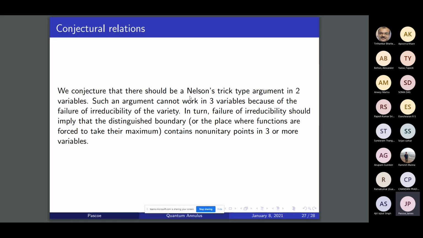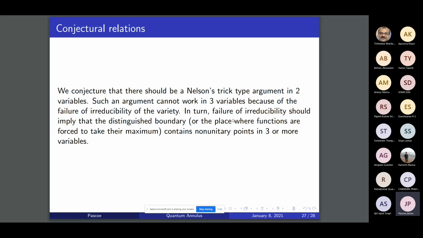But it would be nice to have some sort of complex analysis proof of Ando's inequality, first of all. And second of all, there should be some way to use the fact that this argument can't work in 3 variables, because you're going to get stuck in one of the components, and it's likely that one of the components isn't going to have unitaries in its entire distinguished boundary, the places where the maximum modulus holds.